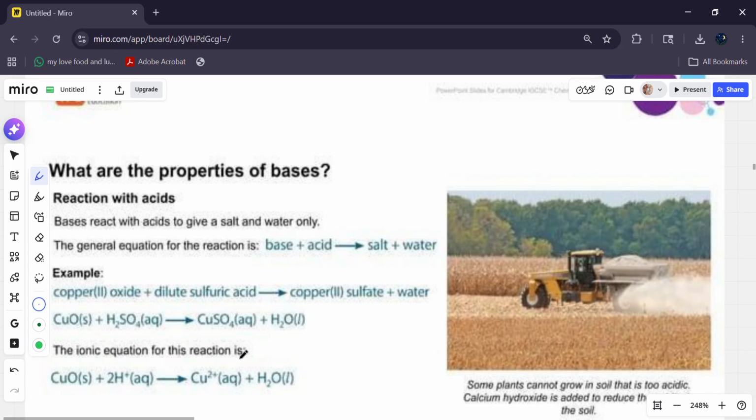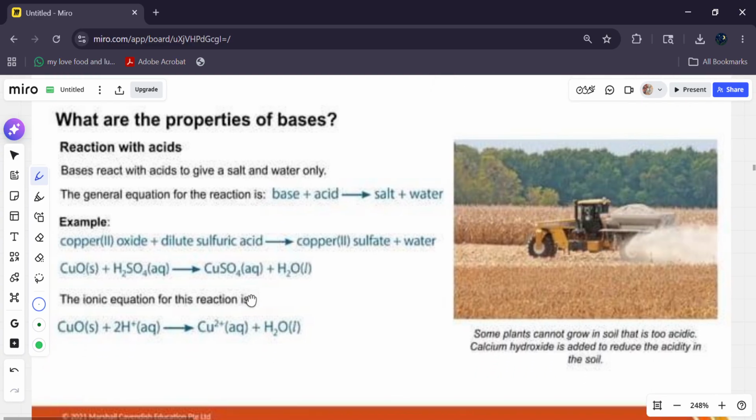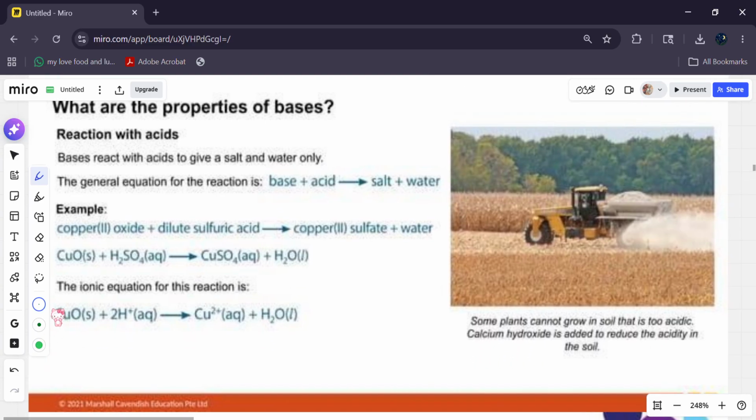Now the ionic equation: the copper 2 oxide and the aqueous hydrogen ions, these 2 hydrogen ions from the acid. The copper 2 oxide gains these hydrogen ions, and it becomes the copper ion plus water.